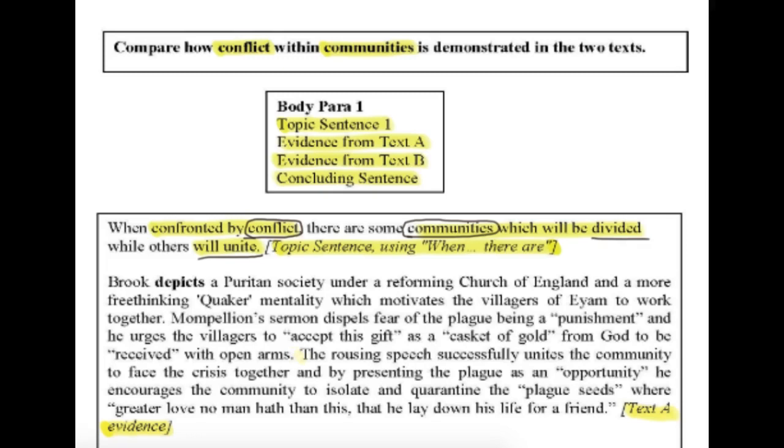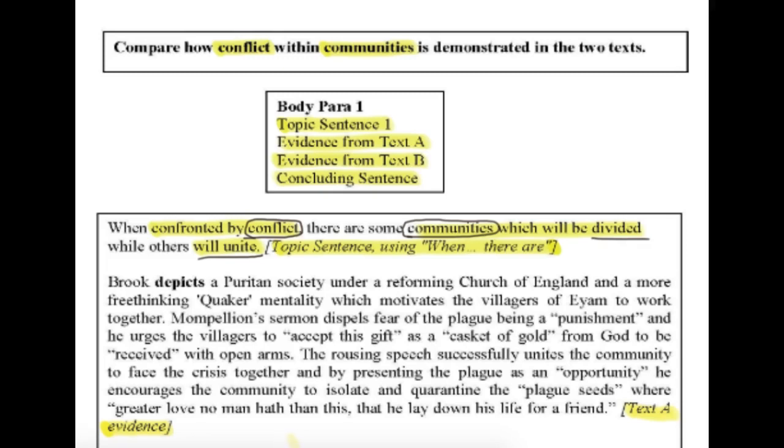Montpellier's sermon dispels fear of the plague being a punishment, and he urges the villagers to accept this gift as a casket of gold from God to be received with open arms. The rousing speech successfully unites the community to face the crisis together, and by presenting the plague as an opportunity, he encourages the community to isolate and quarantine the plague seeds, where greater love no man hath than this, that he lay down his life for a friend.